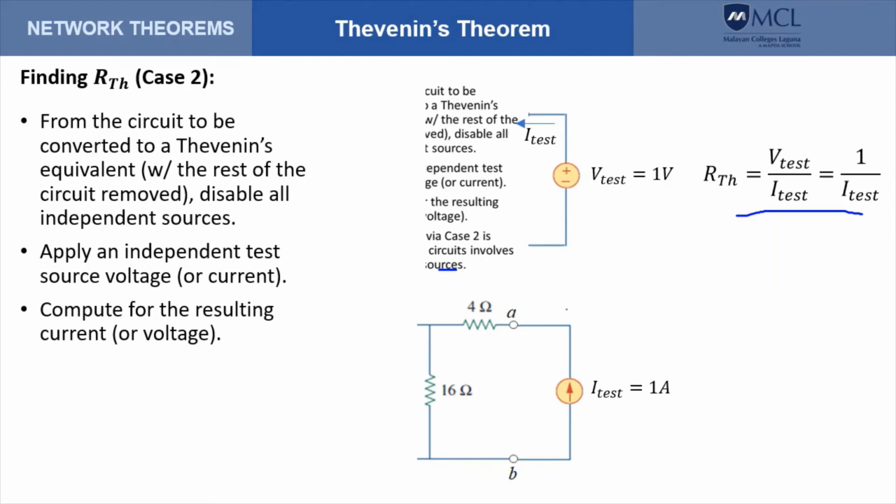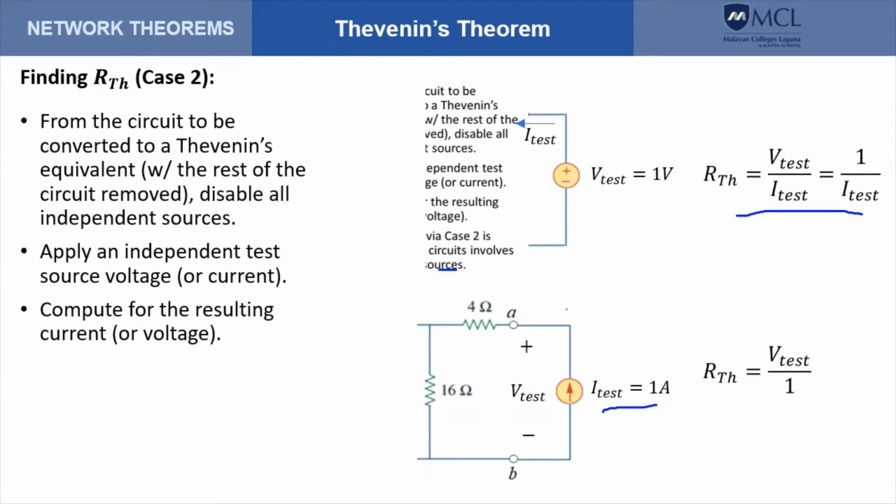Of course, we could also apply a test current, an independent current source of 1 ampere. But the objective here now is to find what is the voltage across that test current. So let's call it V sub test.